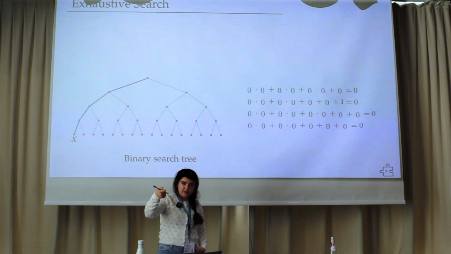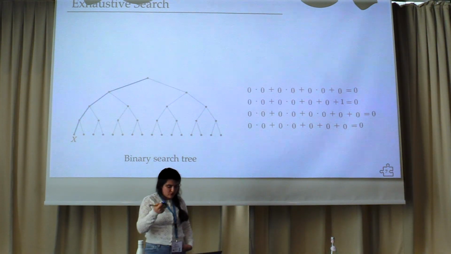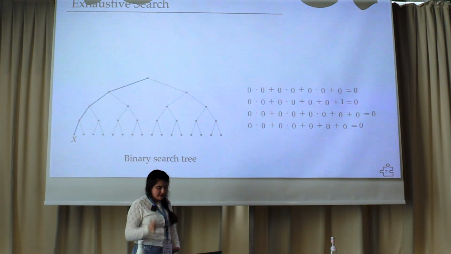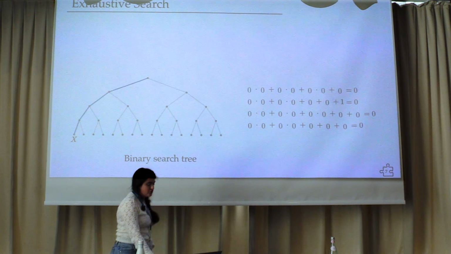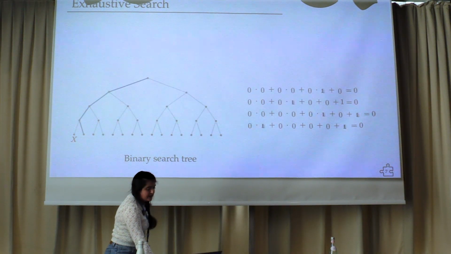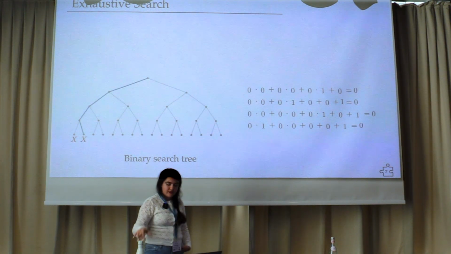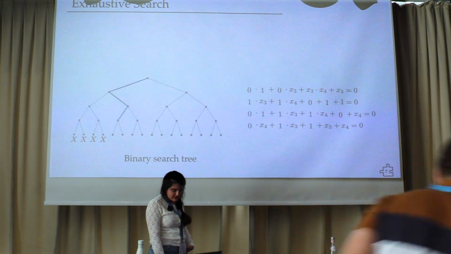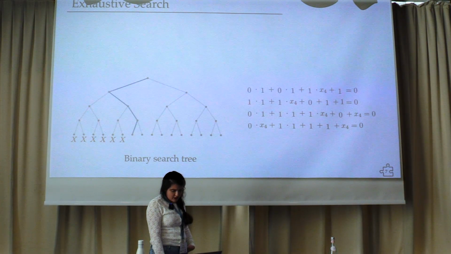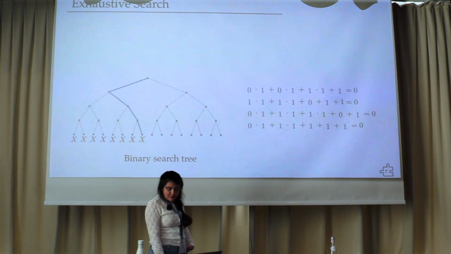Then you backtrack. Where do you backtrack to? Let's say the last one, then you go to the next value. So here I'm just going to change the value of the last variable. Maybe that is the one that created the inconsistency. Still no, and so on. And then you continue doing the depth-first traversal, and every time you just check the equations.